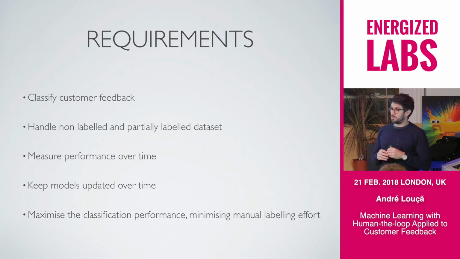We need to be able to handle completely non-labeled or partially labeled data sets, and be able to measure performance over time and update the models over time. And the holy grail that we wanted to achieve was to maximize the labeling performance with the minimum effort of the human being possible.